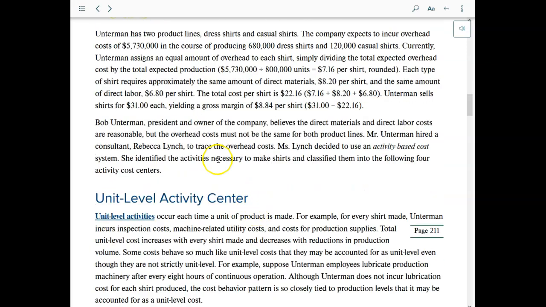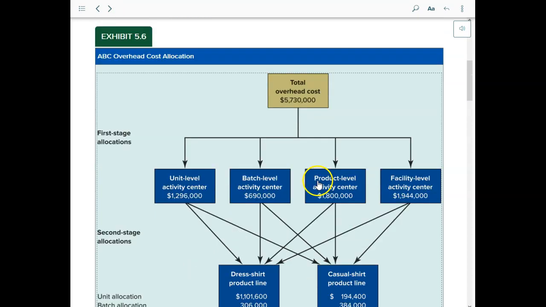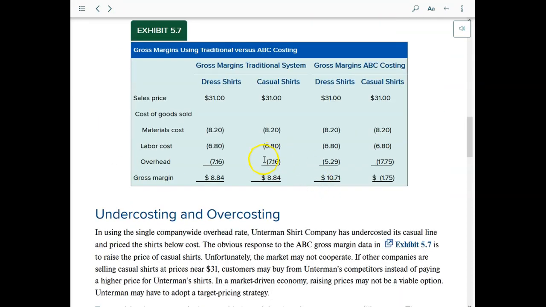We have an example here of a shirt maker. Now, I'm going to skip ahead one page and come back to this. What this very detailed example is going to do is finally end up right here, showing the difference between allocating overhead. All the next discussion is going to be just about overhead. Materials and labor, those are direct costs.